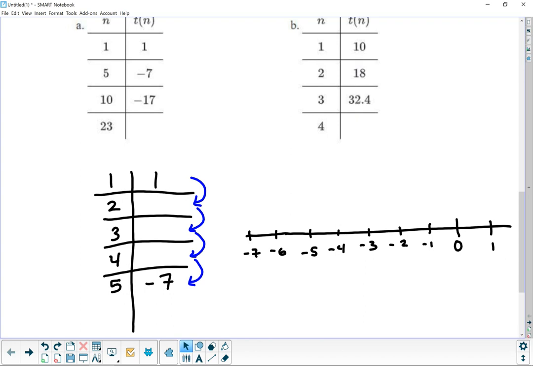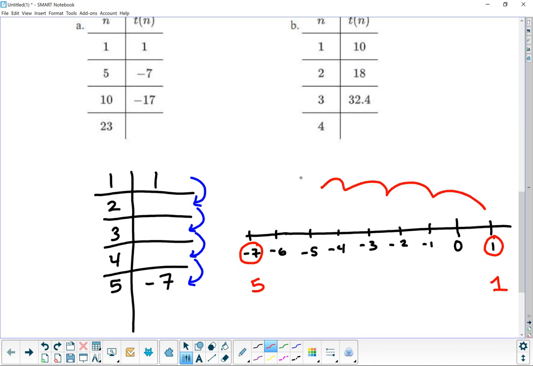So my first term is at 1. That's my first term, and my last term, my fifth term, is at -7, right? And I need 3 more spaces in between. I need to know what I can do to go from here to over here in 3 jumps.